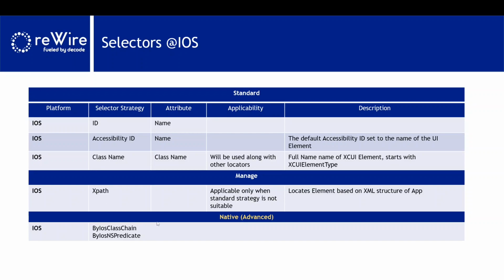So these are the selector strategies for iOS, starting from standard, managed, and then advanced. Once you have learned Android, and in your corporate environment, in case an iOS device is available, you can play around using these strategies for the iOS app.